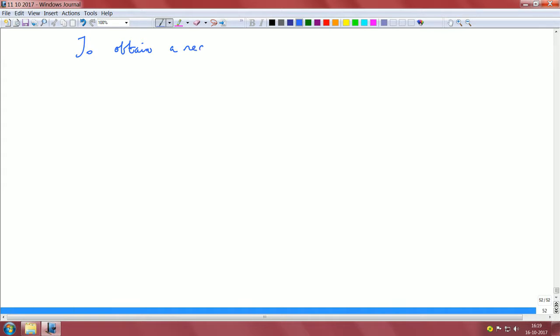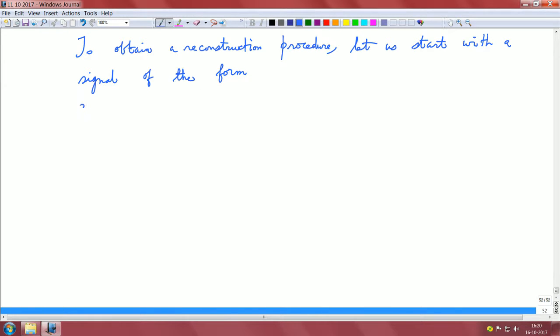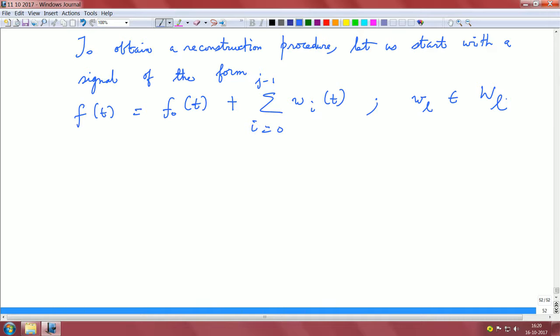To obtain a reconstruction procedure, let us start with a signal of the form f of t is f naught of t plus summation l equals 0 to j minus 1 w l of t, where some w l belongs to the space capital W l.